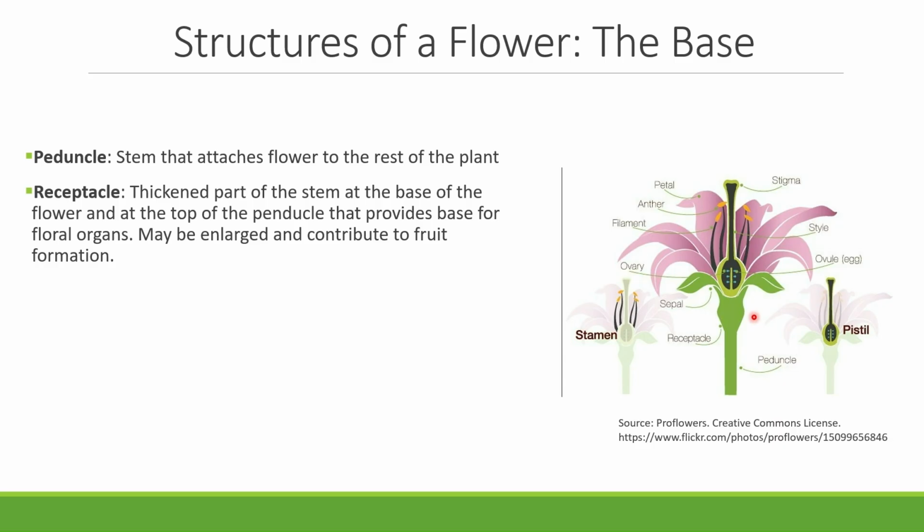This is the base upon which all of the floral organs are attached. The receptacle may become enlarged and contribute to the formation of fruit later on. So we have the peduncle, which is the stem part, and the receptacle, which is where the flower parts are attached.